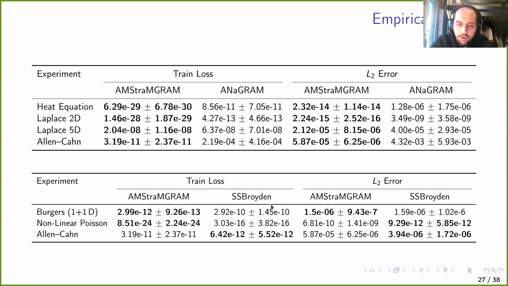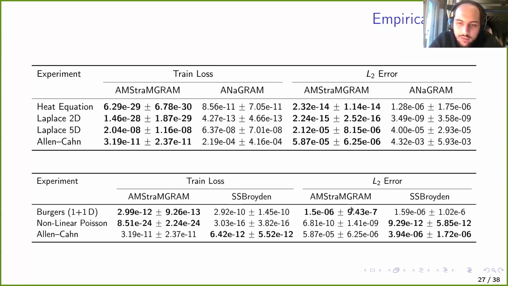And we also compare to Broyden, which, at least when we did the algorithm, was kind of state of the art for PINNs. In some benchmarks they are better, but we are competitive with Broyden. For instance, on Burgers we are a bit better, and for the training loss we are in fact far better, because for instance here we reach 10 minus 24.